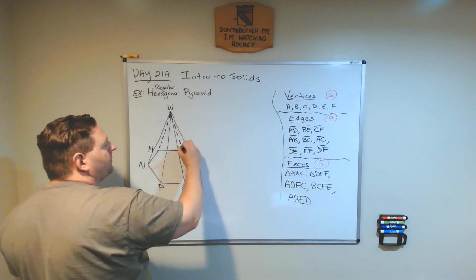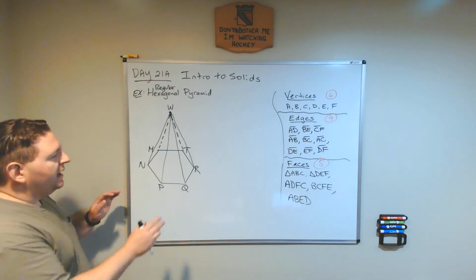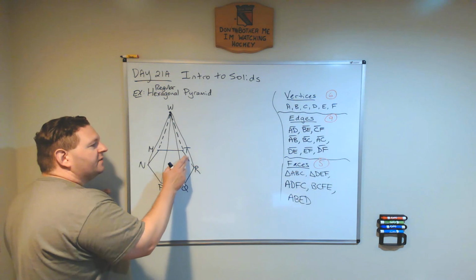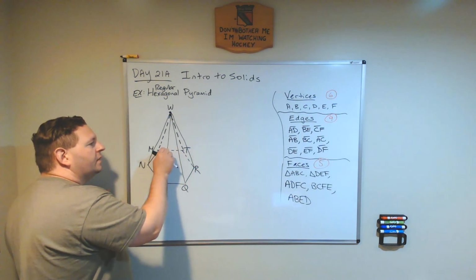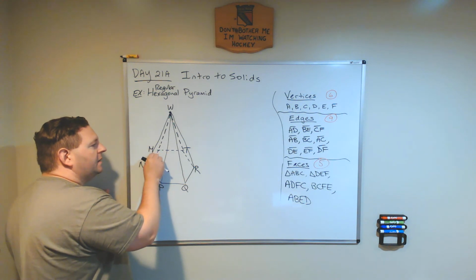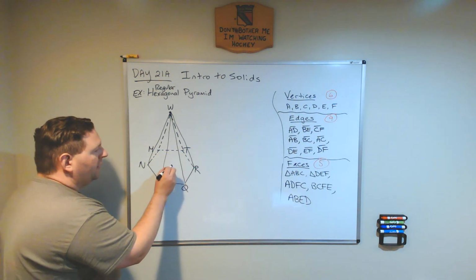These are in the back. Nor can you see the upper half of the hexagon itself because it's now in three dimensions. Again, here's the center of the base.